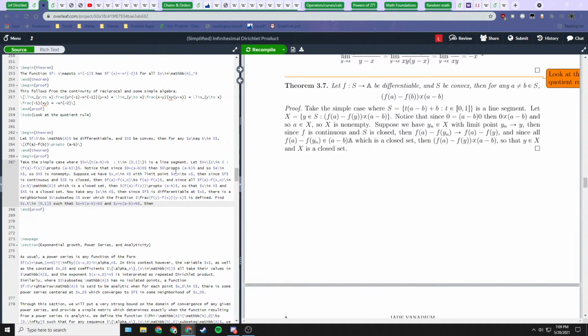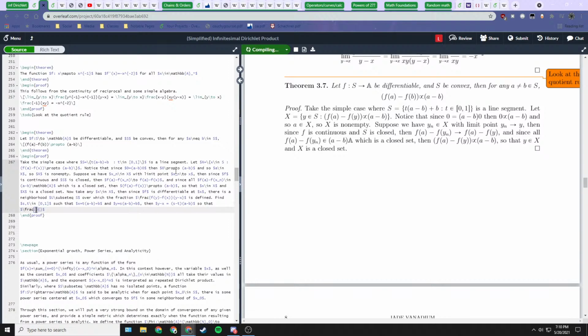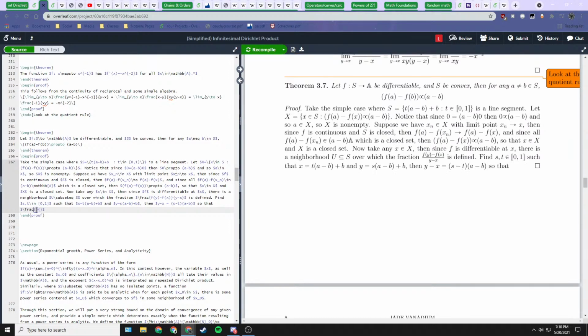Then y minus x is just s minus t times a minus b, so that this fraction, f of y minus f of x over y minus x, is simply the same as, in the bottom we'll have a minus b, and in the top, we can also have 1 over s minus t.